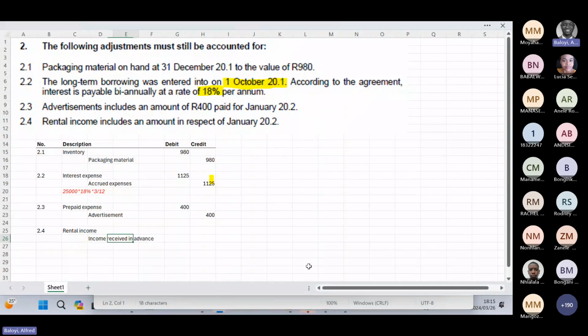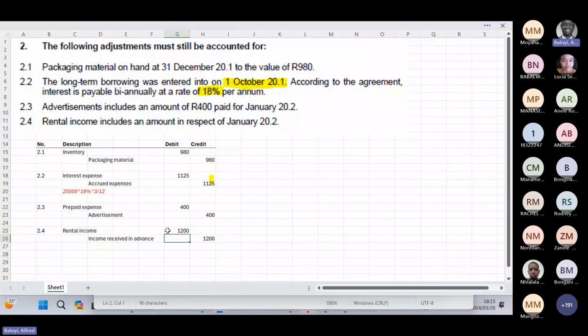So your debit amount will be 15,600 divided by 13, which is 1,200. This is the amount that must be removed from rental income.